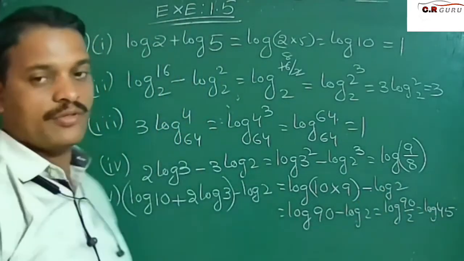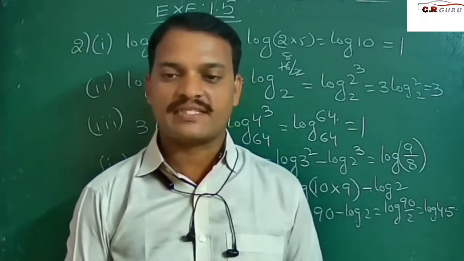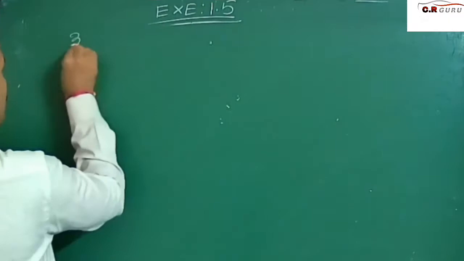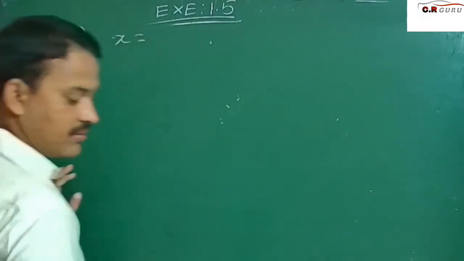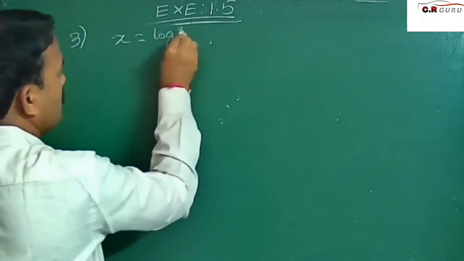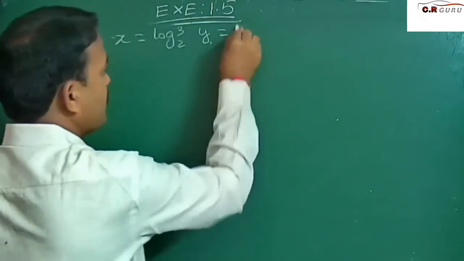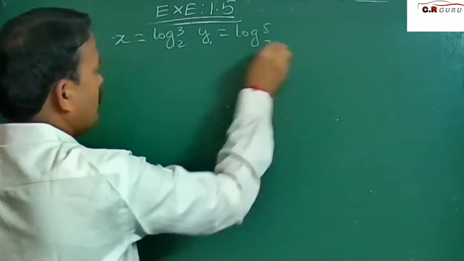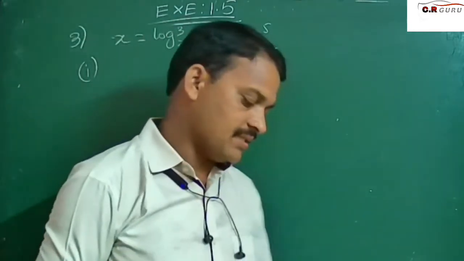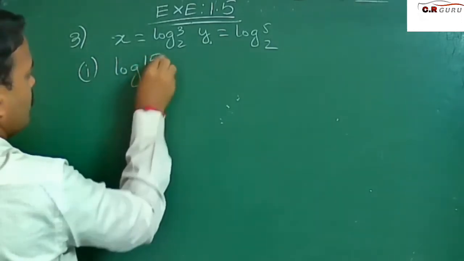So this is about the second Roman sums in the 1.5 exercise. Next I am going to explain the third Roman sum. x is equal to log 3 base 2 and y is equal to log 5 base 2. What is the first sum? The first sum is log 15 base 2.